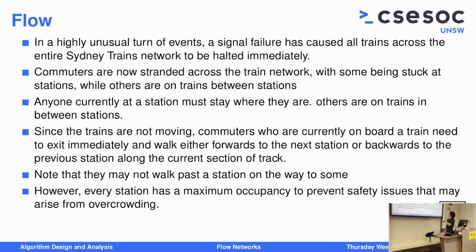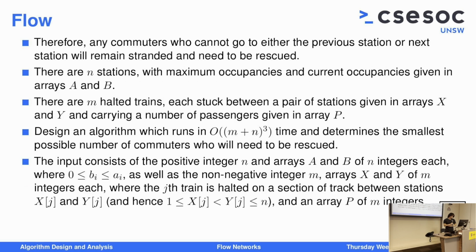However, every station has a maximum occupancy to prevent safety issues that arise from overcrowding. So, therefore, any commuters who cannot go to either the previous station or next station will remain stranded in the trains, and they'll need to be rescued.